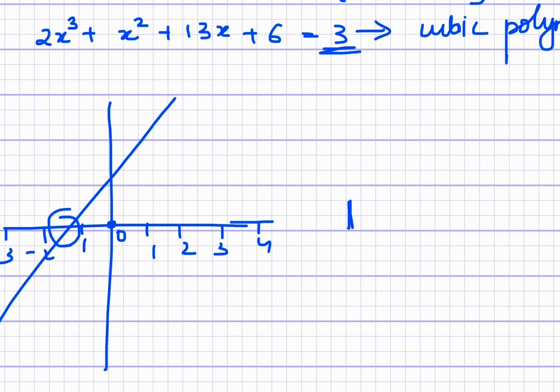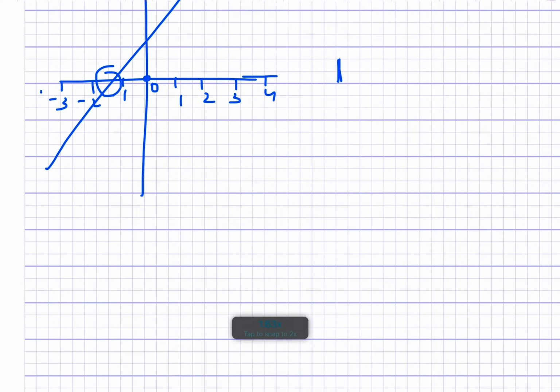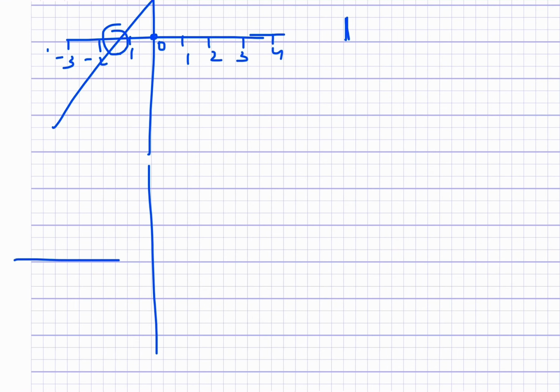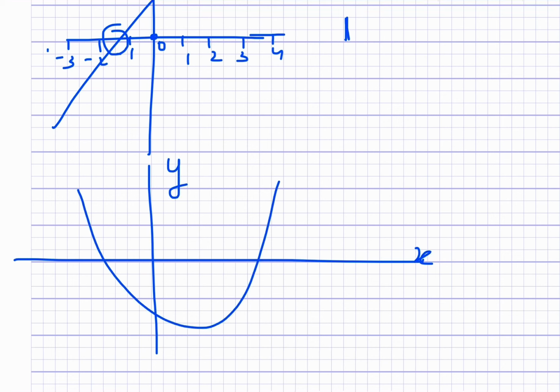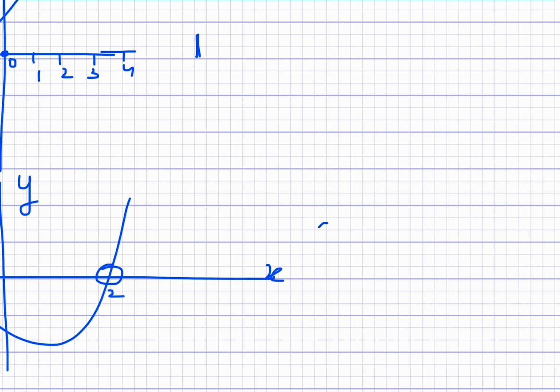At however many points the graph cuts the x-axis, that many zeros of the polynomial will be there. For example, in this graph, this is the y-axis and this is the x-axis. Look, how many times does it cut the x-axis? 1, 2 times. So it has 2 zeros.